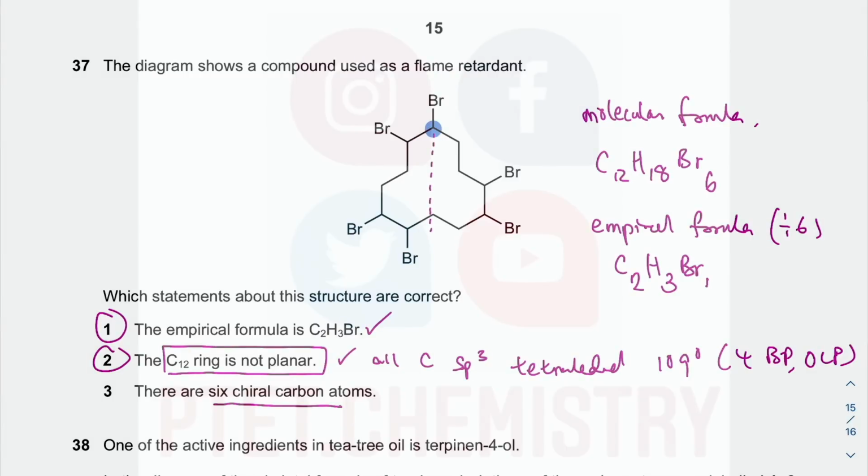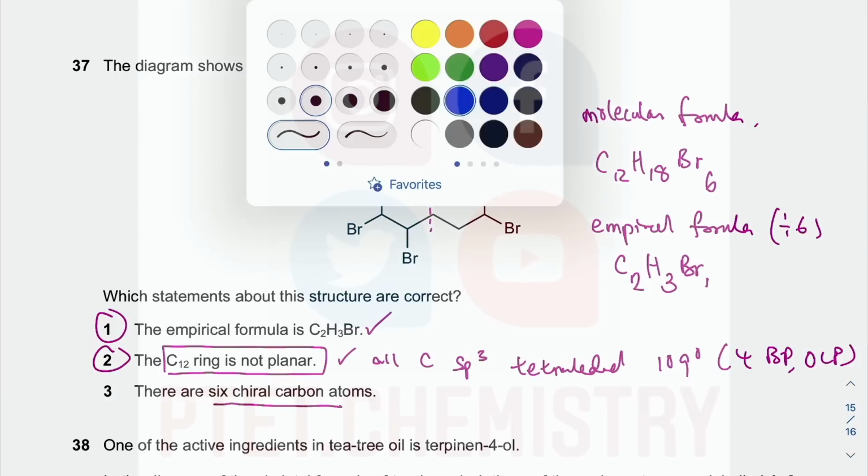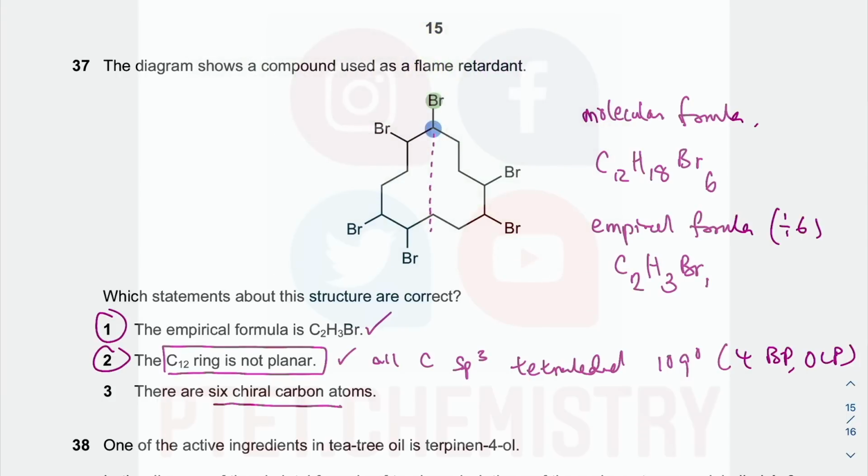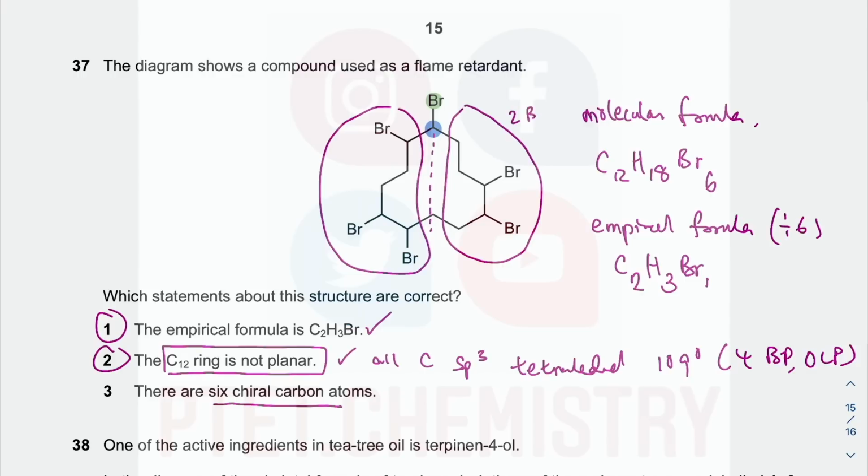If I'm here, I will have one different, and then I will have this thing versus this thing, which are different, because there will be 2 Br, there will be 3 Br. Because on one side versus the other side, I'm looking at my carbon with the Br, not the CH2, because the CH2 obviously has 2 hydrogen, it cannot be chiral. So I'm looking at the carbon with the Br. On one side I will have something with 2 Br and something with 3 Br.